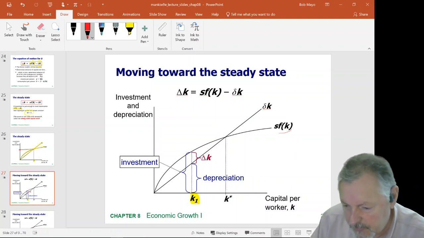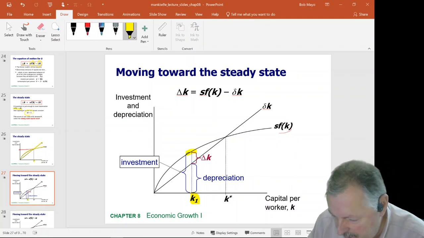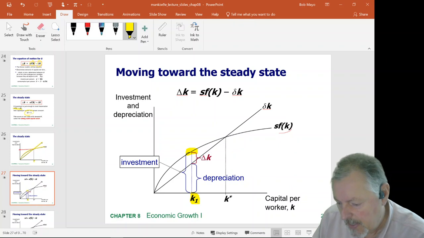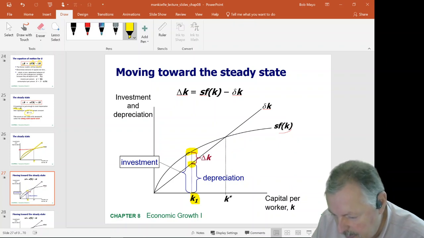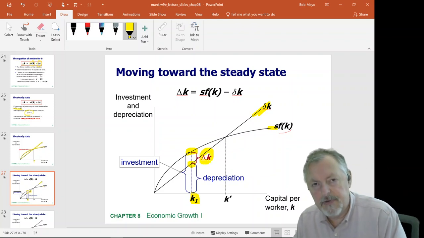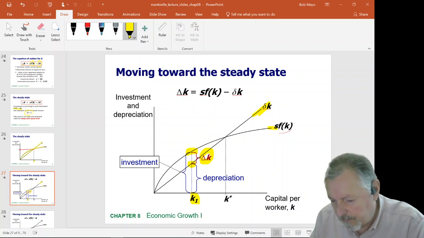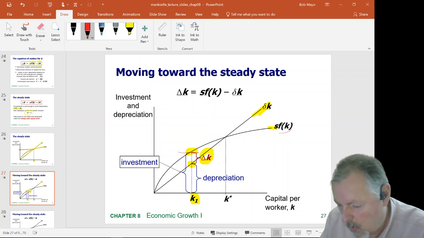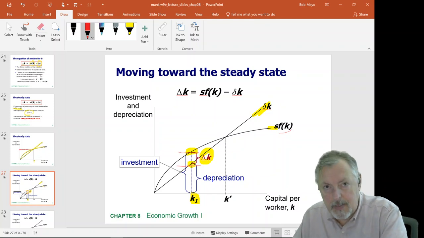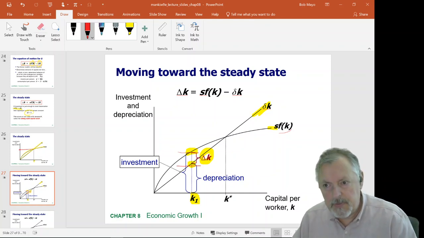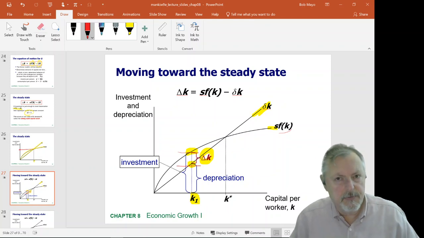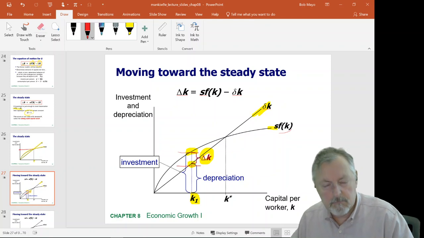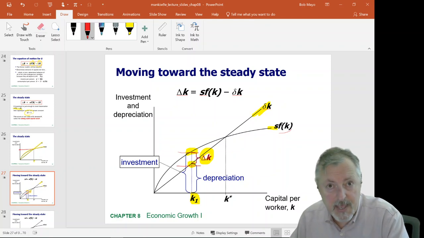Well, if this is the amount you're saving, and this is the amount you're losing, then here, delta K is a positive number. You're adding more than you're losing. If in every time period you add 100 units of capital, but you lose 80 to depreciation, that means each time period you're gaining 20 units of capital.